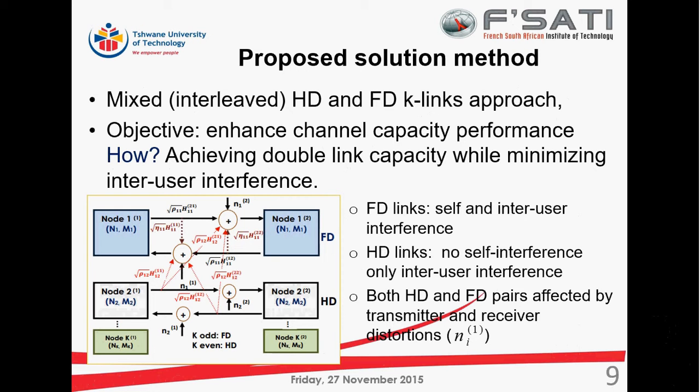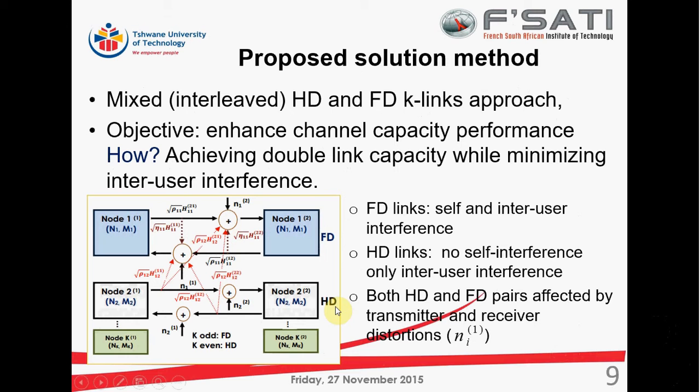By achieving double link capacity while maximizing capacity and at the same time minimizing inter-user interference. That comes with the interleaving. As we can see in the figure on the left-hand side, as I'm pointing to it, we interleave full duplex links with half duplex links.